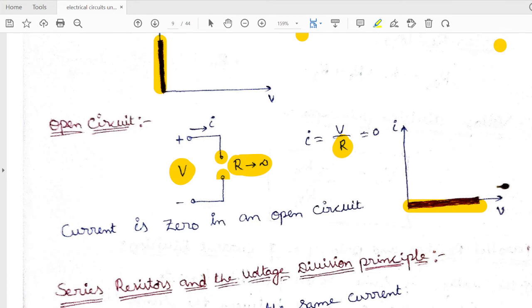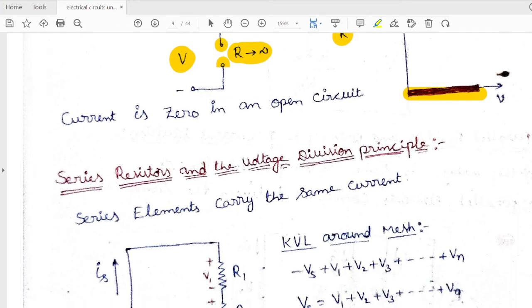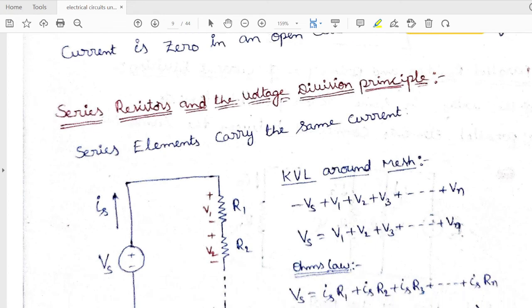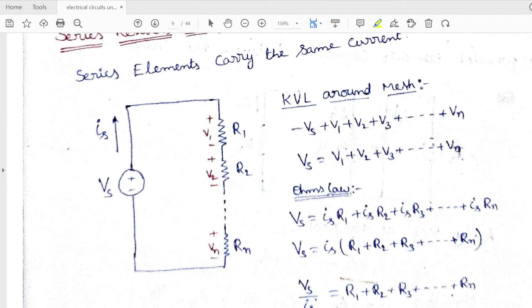So let us now see elements connected in series. For example, I have n resistors connected in series. When elements are connected in series, they will carry the same current. See here, I have applied a voltage source Vs in this circuit and the resistors R1, R2, and so on, up to n resistors, Rn. All these are connected in series.